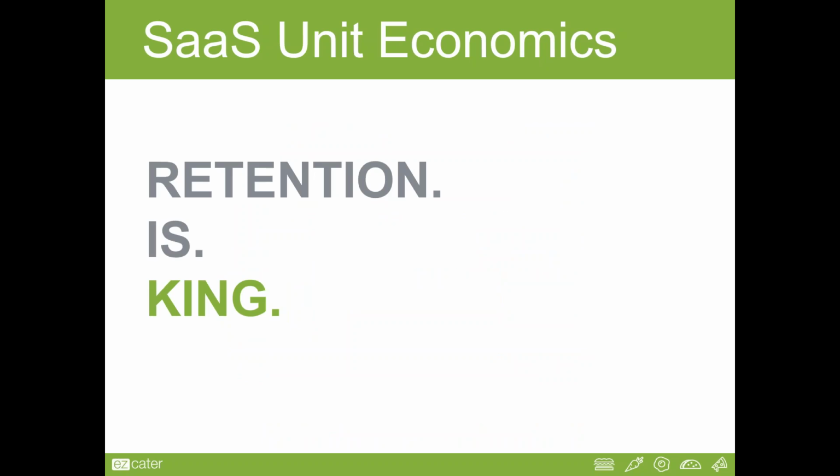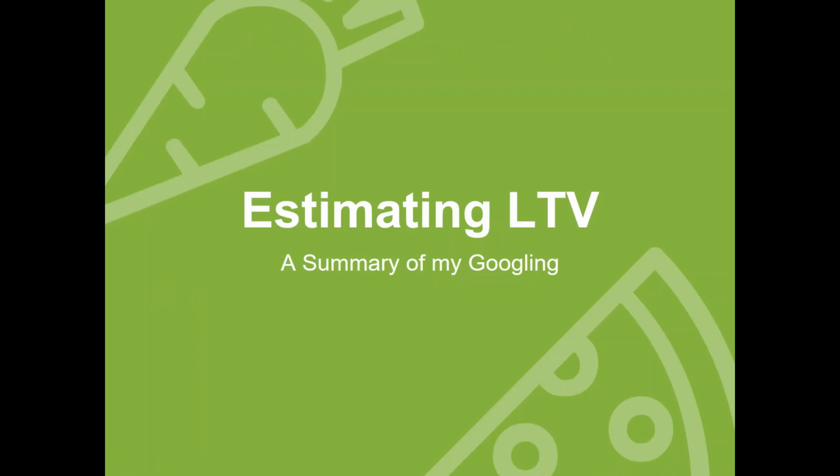Retention is king. Retention is the probability that people leave on a monthly or yearly basis, whatever you're looking at. Okay, and retention is LTV. That's what we're really looking for. We're looking for the long-term value of these customers, and LTV needs to be greater than the amount we pay for the customers. Otherwise, you're truly losing money.